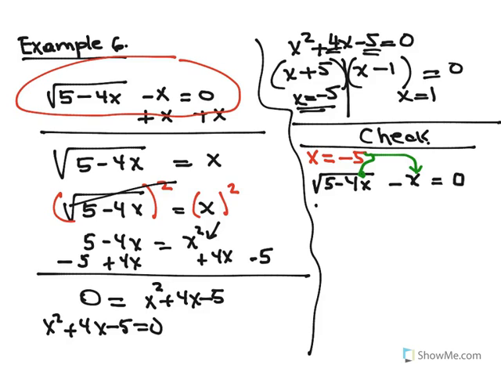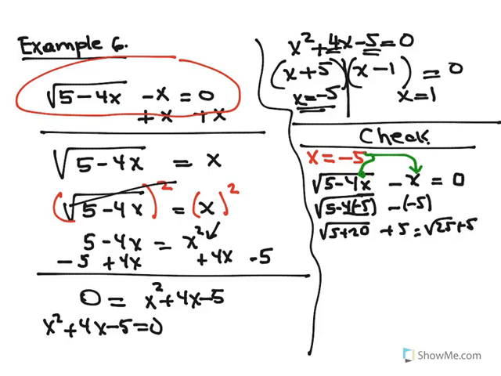Here it goes. The square root of 5 minus 4 times -5, minus -5. This is -20, so it's 5 plus 20 plus 5, so this is the square root of 25 plus 5, which is 5 plus 5, and 5 plus 5 is 10. Well, 10 is not equal to 0.